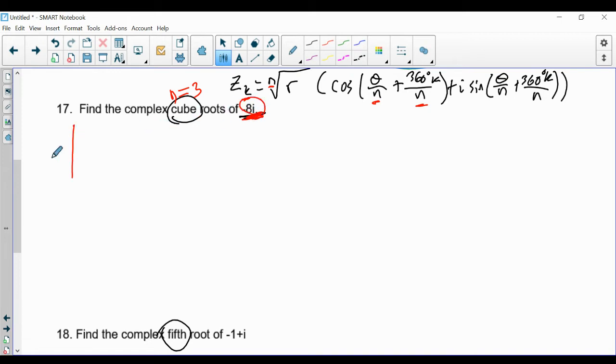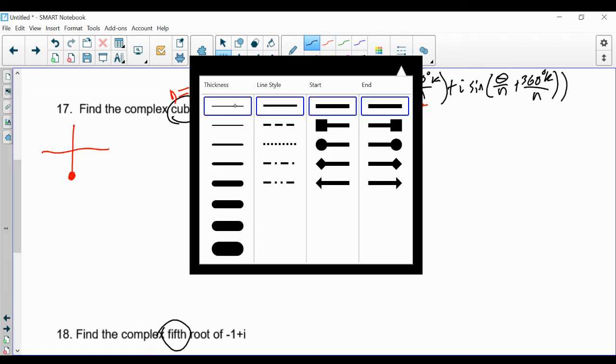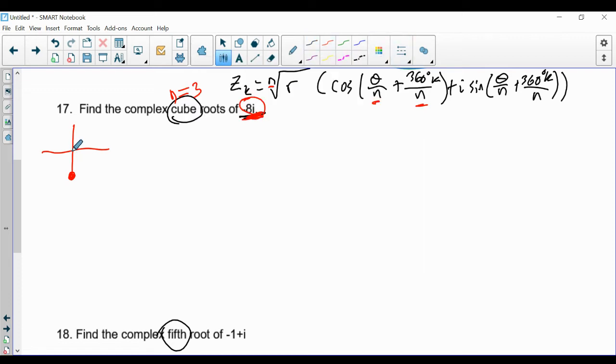All right, so here, let's go ahead and convert this first. So negative 8i, I'm going to plot that out. It's down here at negative 8, okay? So in rectangular form, it's 0 minus 8i, but in polar, I need to figure out the r. So the r is going to be from the pole to that point, which is 8. And then the angle is 3 pi over 2, or because I'm dealing with degrees in my formula, it's 270 degrees.